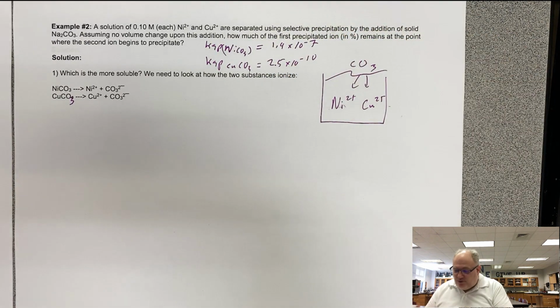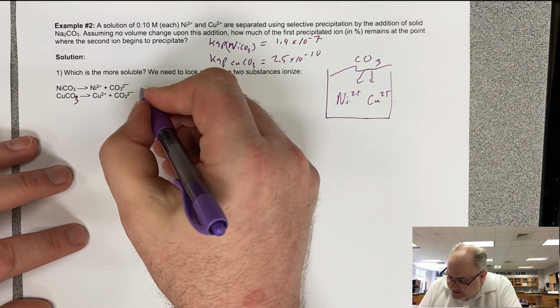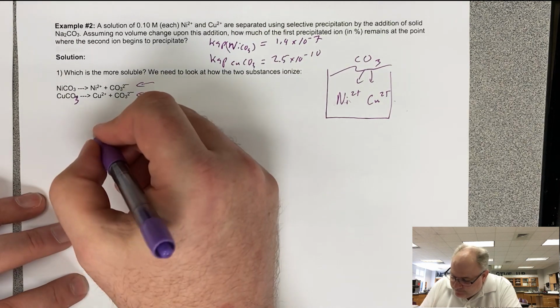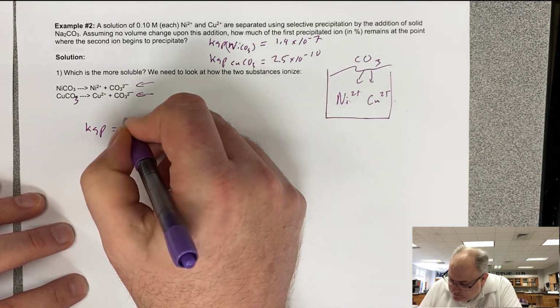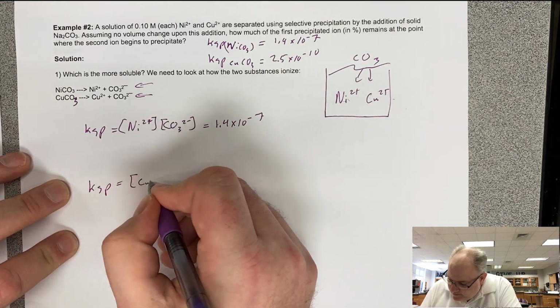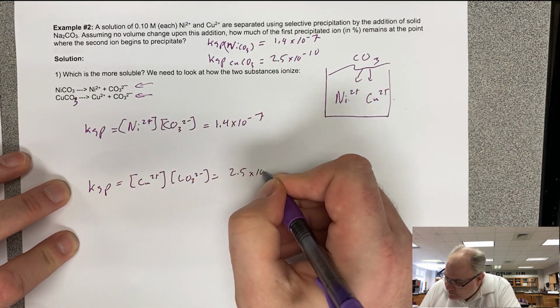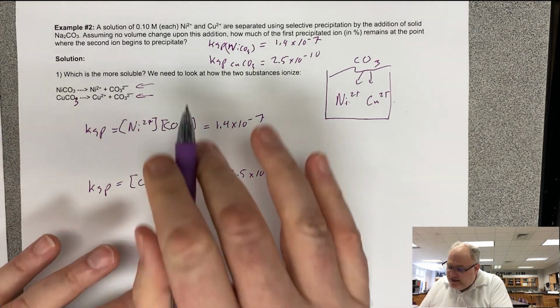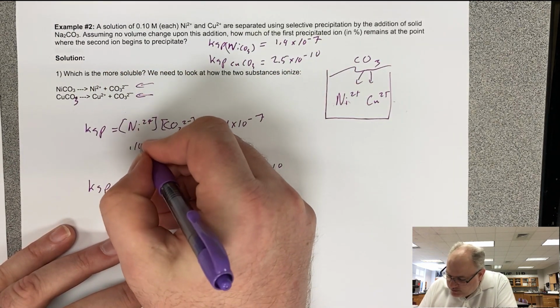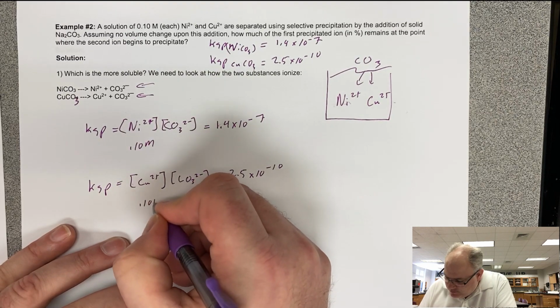I'm going to do the exact same process. Let's do this kind of quickly. I'm going to do the KSP for this and the KSP for this, and we're going to see which requires less. Now, they give us in the problem 0.10 molar of both of these, so we know we have 0.10 molar here, and we have 0.10 molar here.